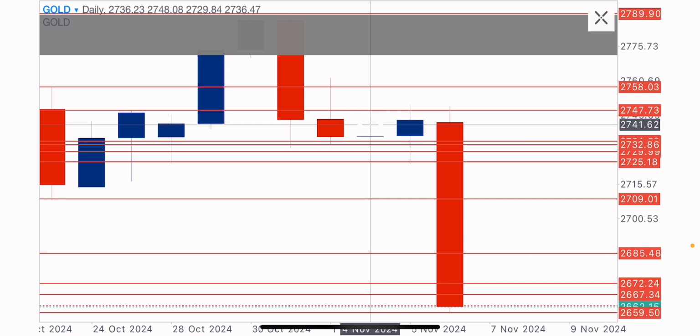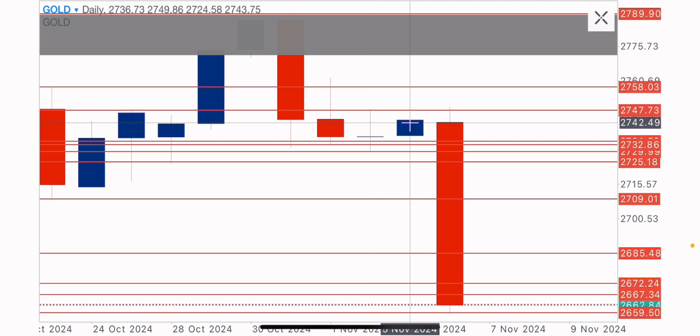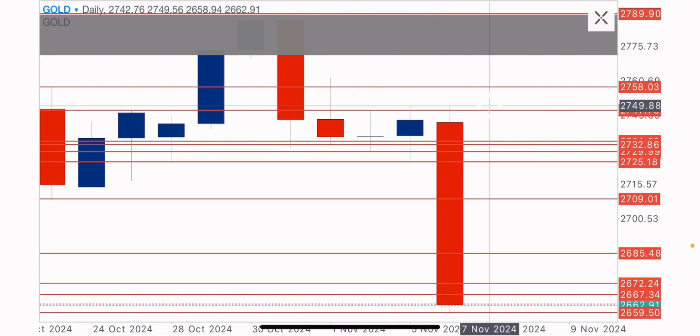So scalpers would have made quite good amounts of money here, because this one move is a lot of moves for scalps. The market failed to break above, therefore creating a wick at this point here. Also at this bearish candlestick, it created a wick, therefore going to the downside.